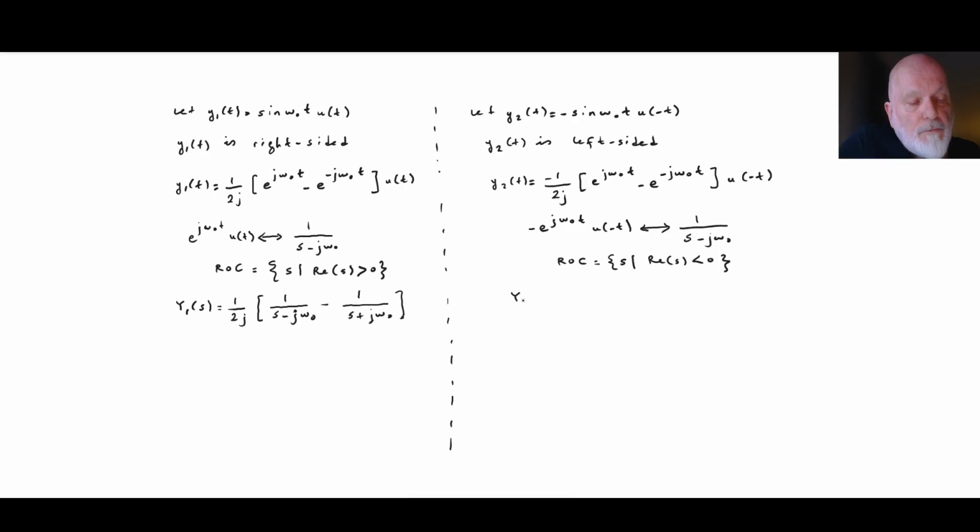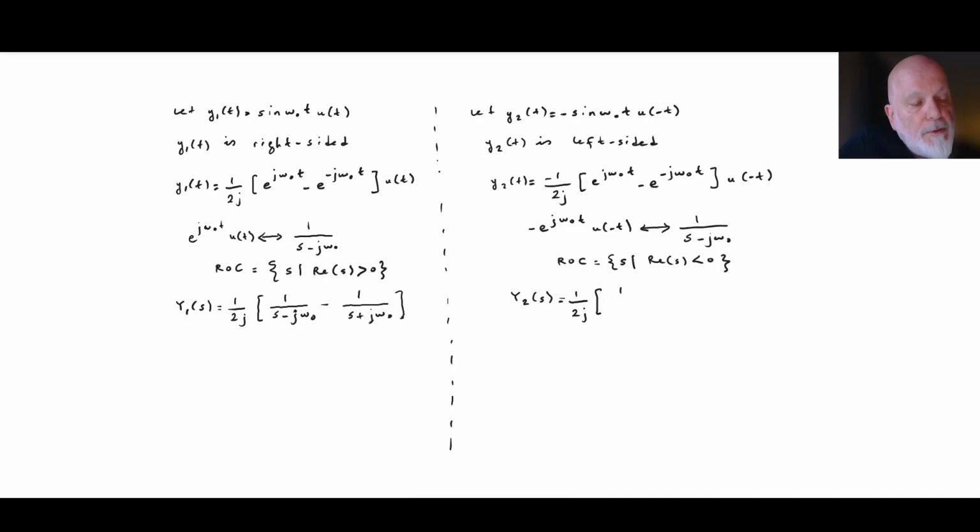Okay. Similarly, y2 of s will be 1 over 2j. Okay, we will have exactly the same expression because we know that the Laplace transforms of e to j omega 0 t u of t, the right-sided complex exponential signal, and the left-sided complex exponential signal given by minus e to j omega 0 t u of minus t are exactly the same expressions.